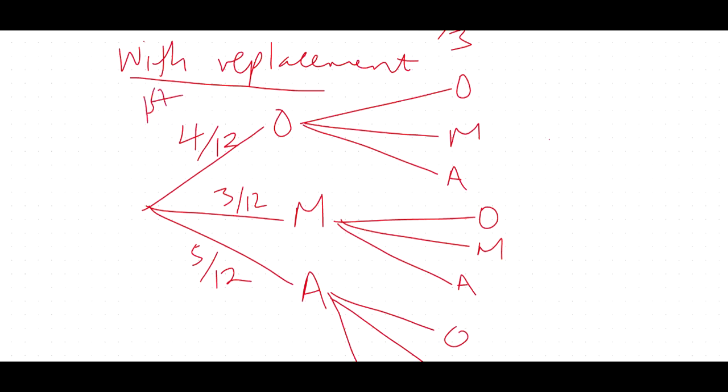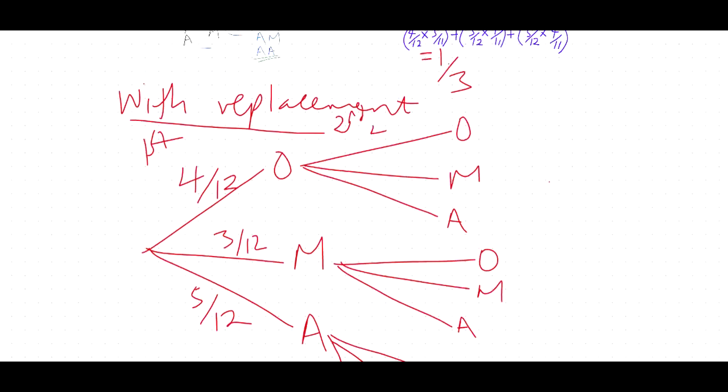Now, once you go to the second one here, since once you pick an orange and it is with replacement, you just note down the probability, then you take it back. So therefore, you still have your 4 oranges, and the total number of fruits will not reduce, will still be 12.